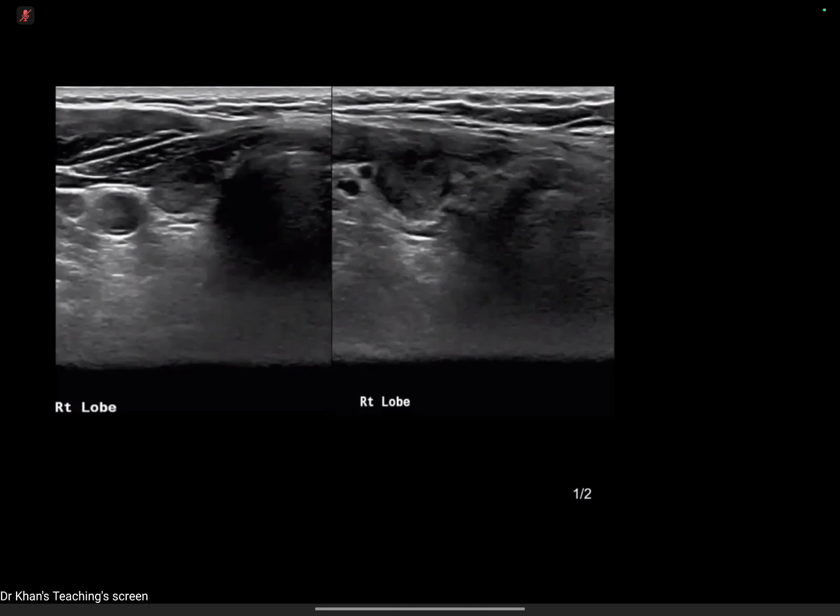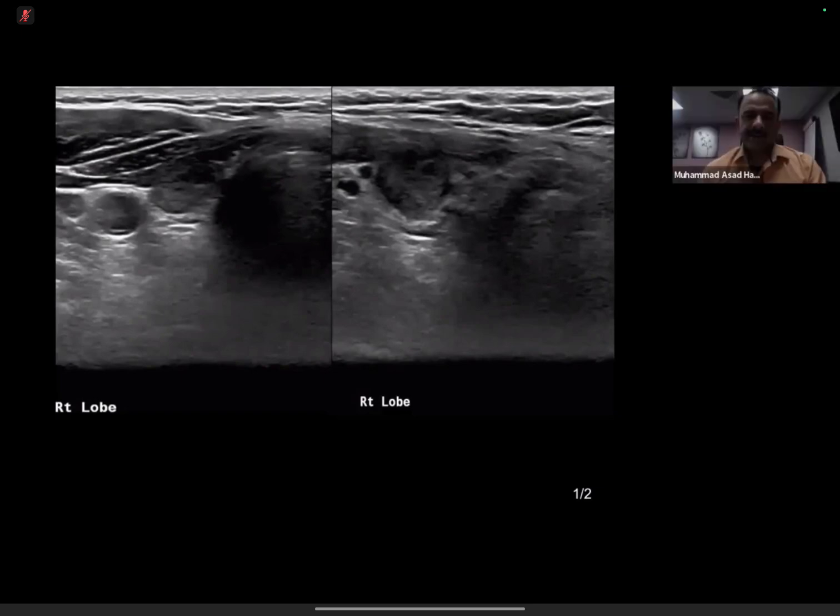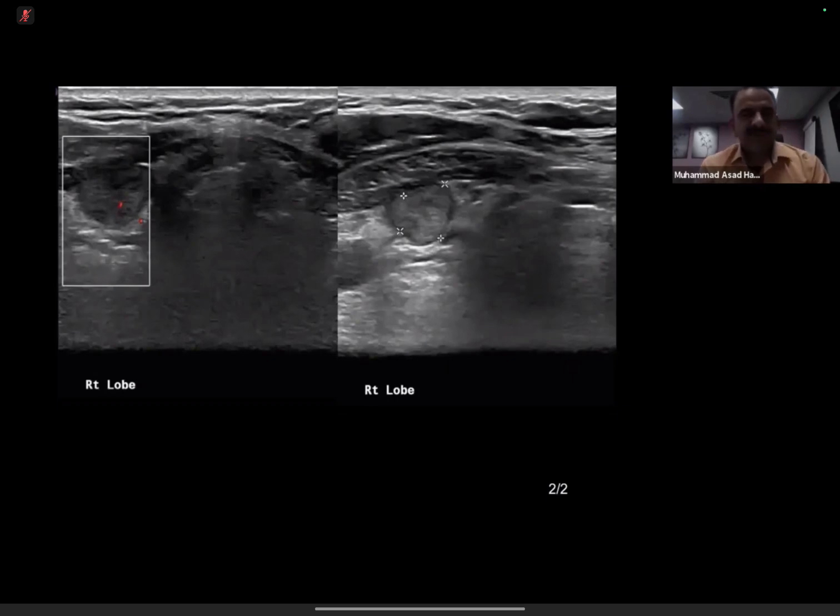Good. The overall evaluation of the nodule would likely be indeterminate, and I might recommend a fine needle aspiration for cytology. Okay. Now, just to add further, you have described it very well. Normally the first two images which I've shown you in the previous slide are enough to describe, as you said, indeterminate.